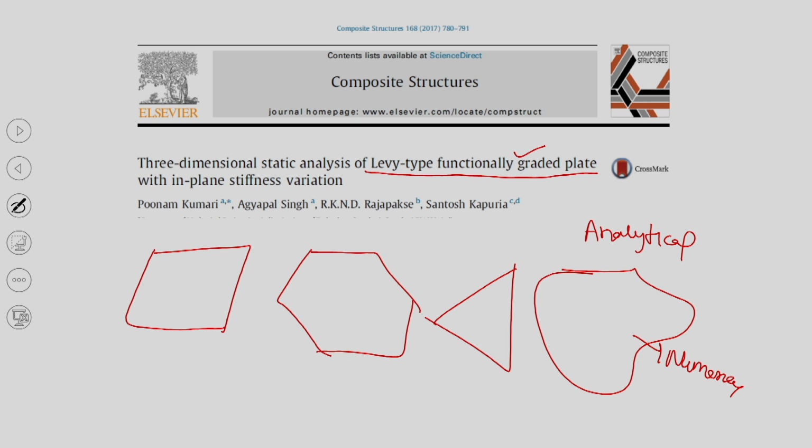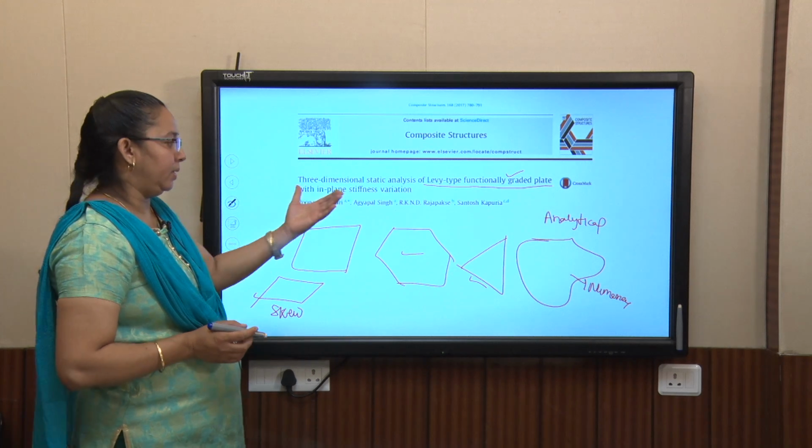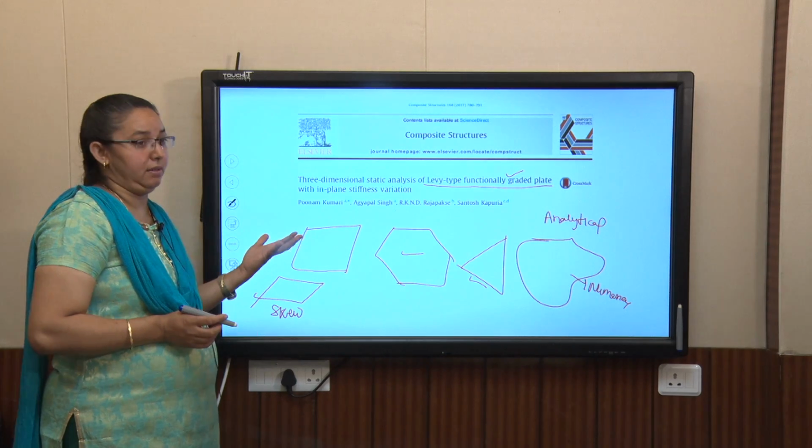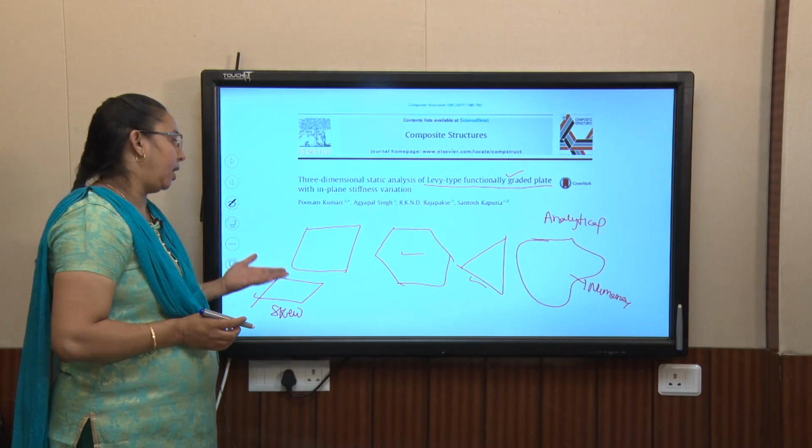Sometimes we have just very basic solutions for the case of a triangular plate or a skew plate, but the detailed analysis or detailed behavior using some analytical technique, or something more accurate, is still required.